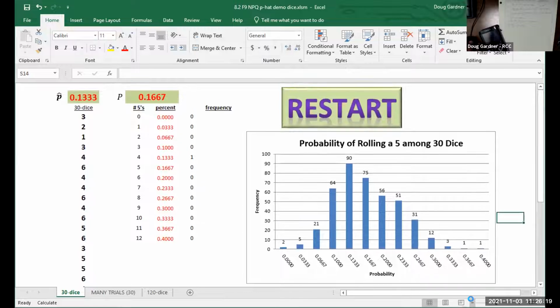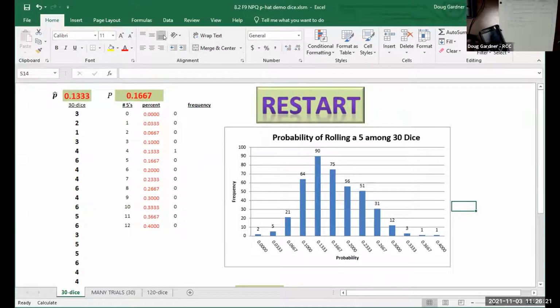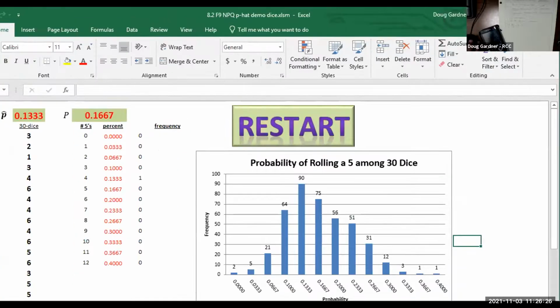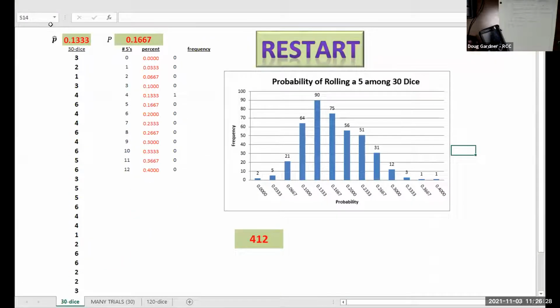You couldn't see this, so I'll make this a little bigger. So we actually rolled those 30 dice out on the ground 412 times here. What you should not be surprised at is the fact that there's a cluster around 0.1667.